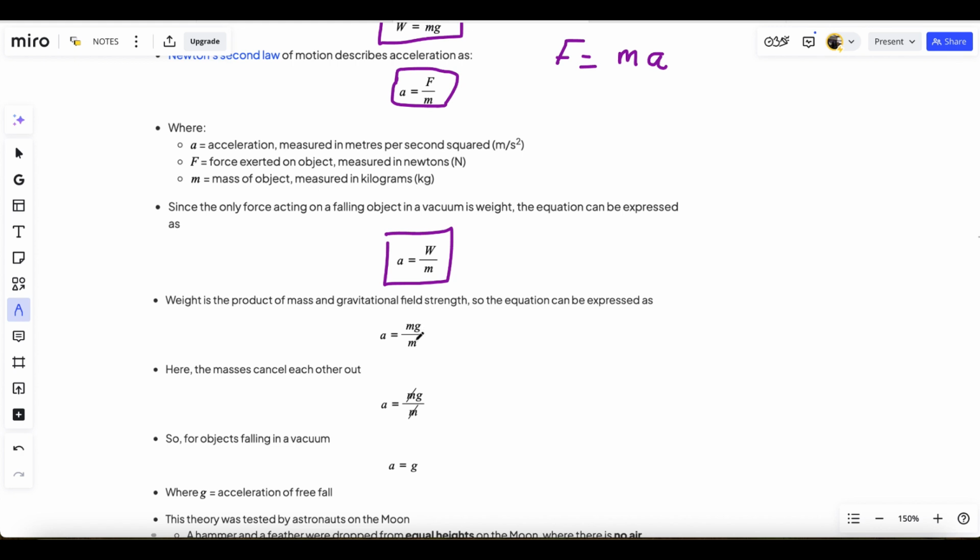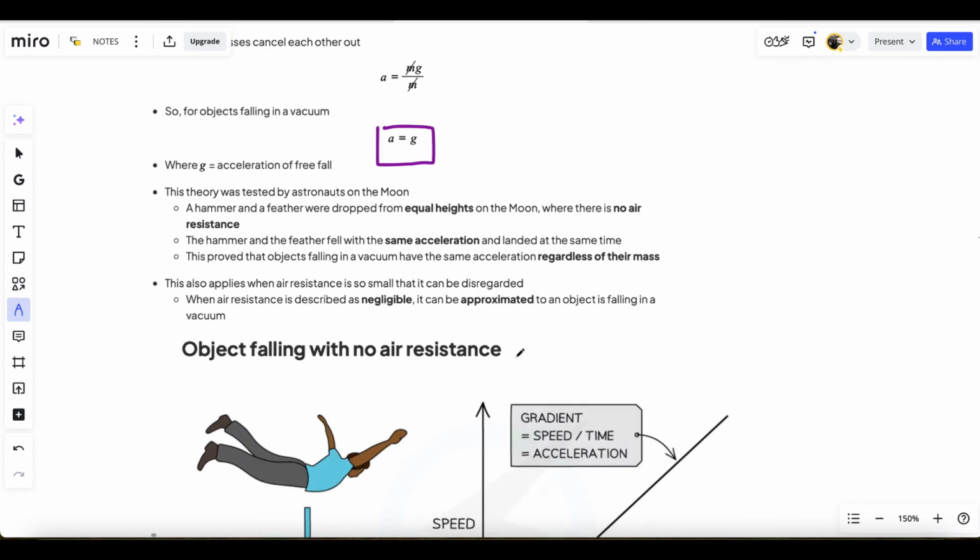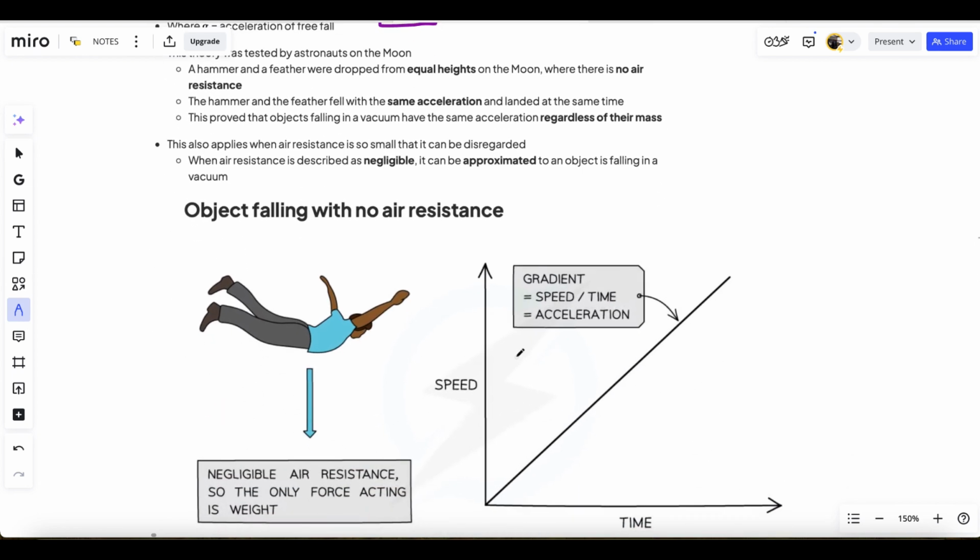You already know the value of W is mg, mass times gravity. So instead of writing W, I replace it with mass times gravity. If we cancel mass and mass, you will see that a equals g. Like I told you, they are both acceleration, both acceleration of free fall or gravity. Is that okay?